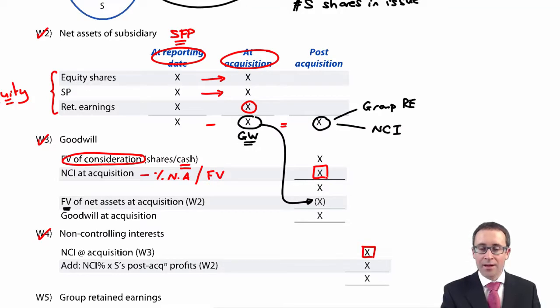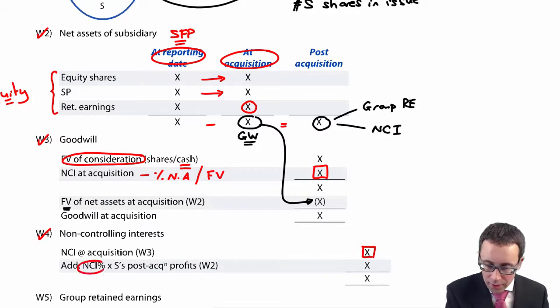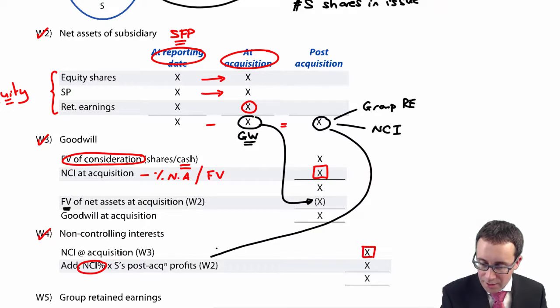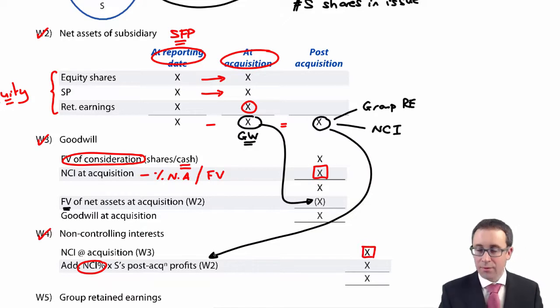Okay. Again, you then, in the non-controlling interest, add on the non-controlling interest share of S's post-acquisition profits. Again, you've worked out S's post-acquisition profits in your net assets working, if you like, working number 2. Okay, excellent.